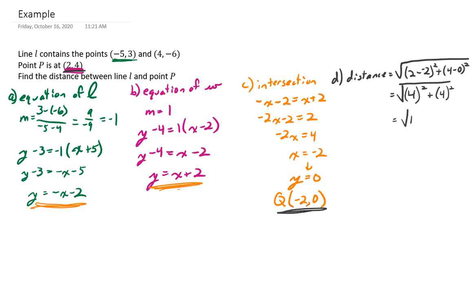So this gives me the square root of 16 plus 16, which is the square root of 32. And because this is normally done in a real-life situation, leaving it as a radical, while perfect mathematically, is not perfect in real life. We tend to go ahead and round to a decimal value. I'm going to round to 3 decimal places, so this is going to be 5.657. And here is my distance. That is going to be my answer.